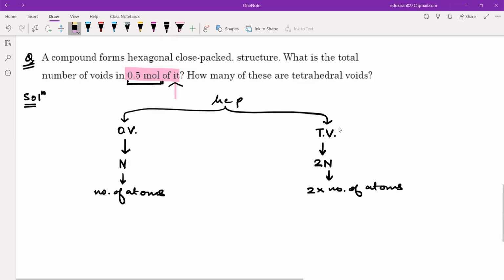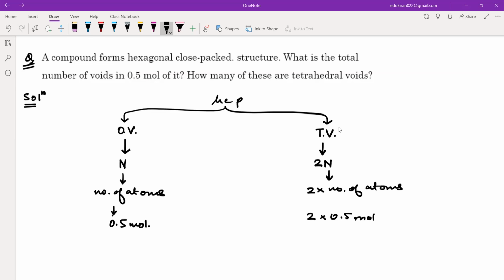So the number of atoms that they have given is 0.5. So there will be 0.5 mole of octahedral voids, and there will be 2 into 0.5 mole of tetrahedral voids. So total voids will be 0.5 plus 2 into 0.5, which is 1.5 mole.